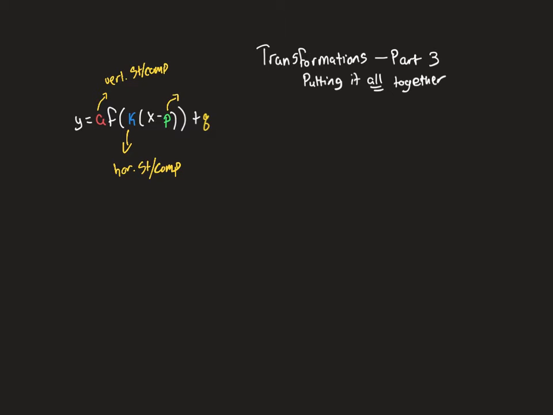For P, this represents our horizontal translations, left or right. And Q represents our vertical translations, up and down. Please refer to those respective videos to understand how. Okay.